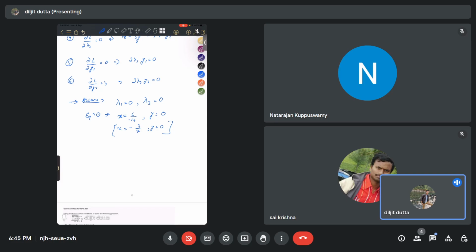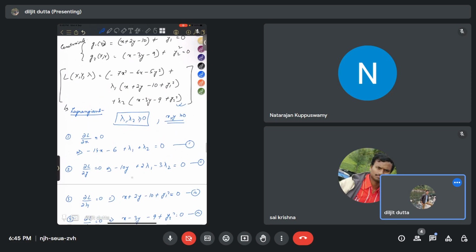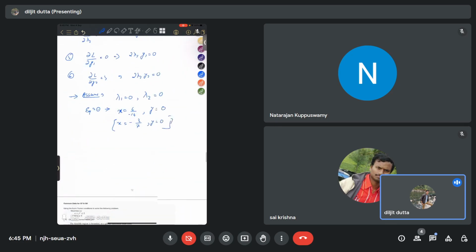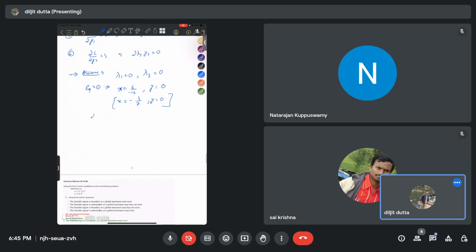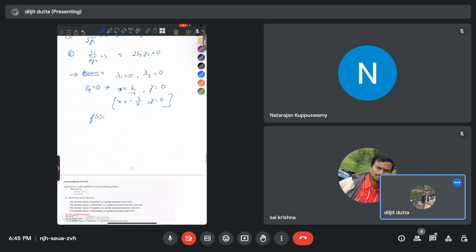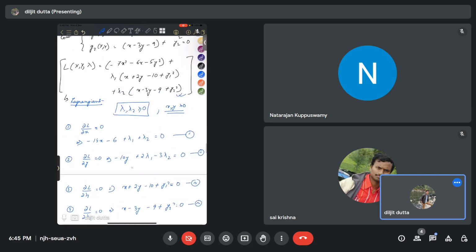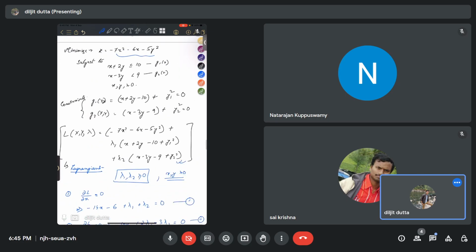Now we will see if this is the x and y value, then what is the L value, that is, the function value we are getting. Minus 7 into x squared, that is 9 by 49, minus of plus 6 into x.